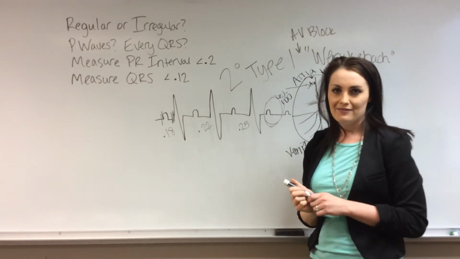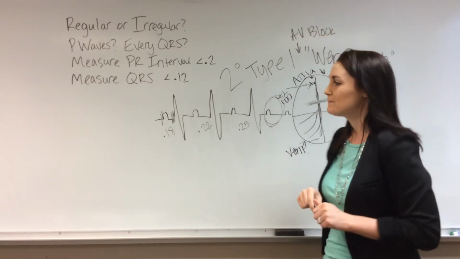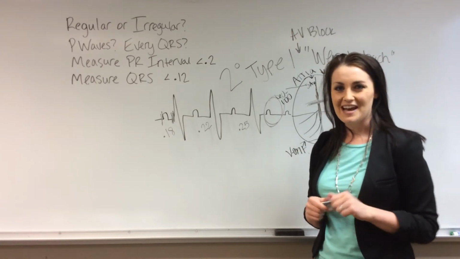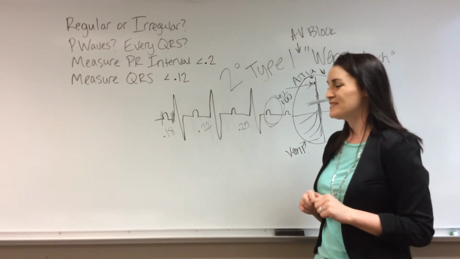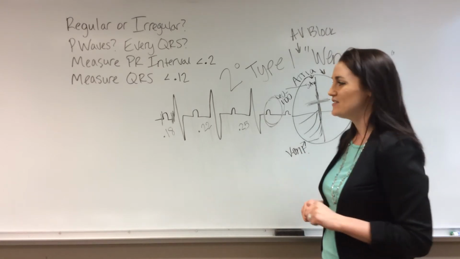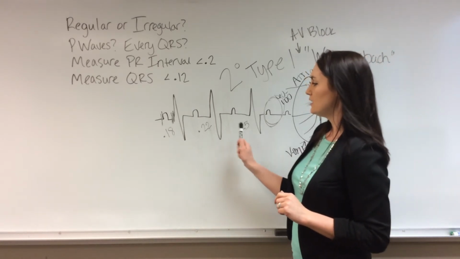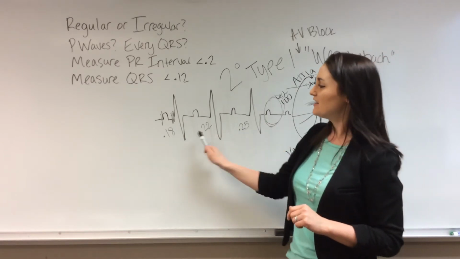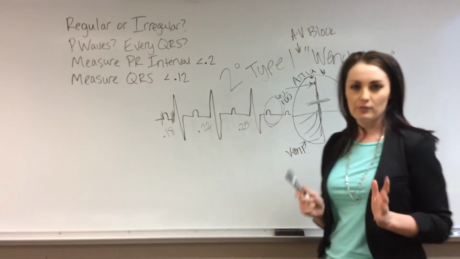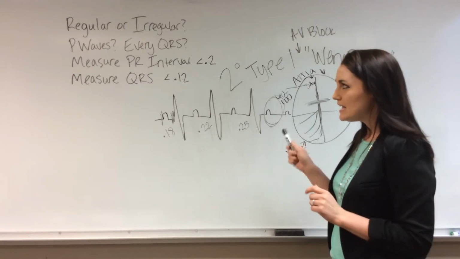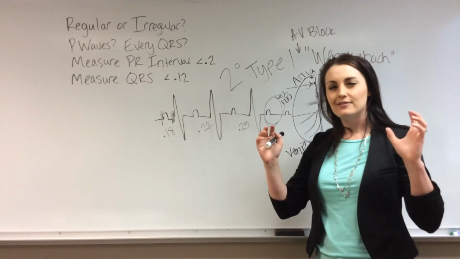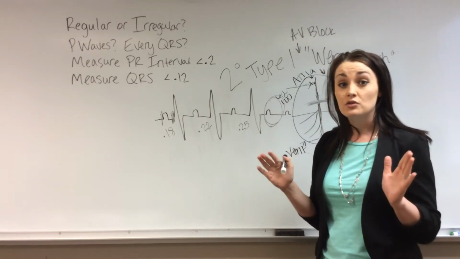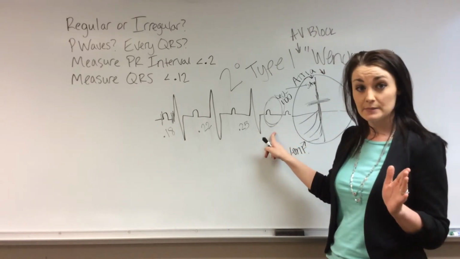Second degree type 1 AV block is also called Wenckebach. And a fun way to remember this, and I still say this to myself every time I do this kind of rhythm analysis at work in cardiac ICU, is longer, longer, longer, drop, now you have a Wenckebach. The key with this one is progressively longer PR intervals, which lead to a dropped QRS.